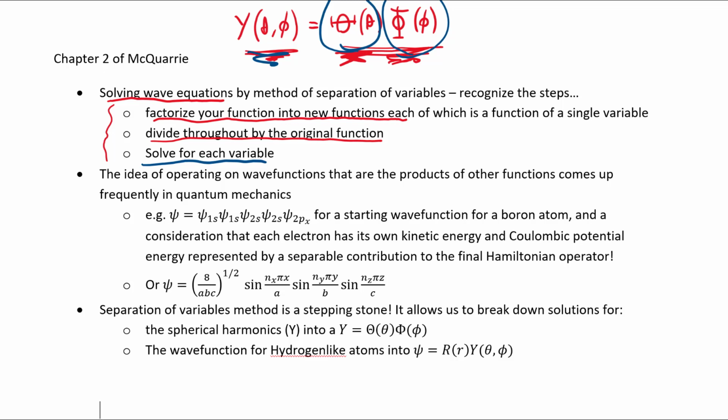Where else does it come up? So it comes up when we actually think about the hydrogen atom. So this might be for a boron atom, which has 1s2, 2s2, 2p1, right?